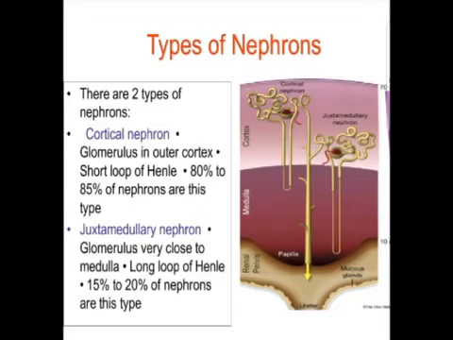And the mid-cortical, as its name indicates, is an intermediate nephron, and they are so named because their renal corpuscles are situated in the mid region of the cortex, and their loops of Henle are of intermediate length. And if we talk about the juxtamedullary, as its name indicates, they have their renal corpuscles located in the deepest part of the renal cortex, just near the medulla, in proximity to the base of a medullary pyramid.